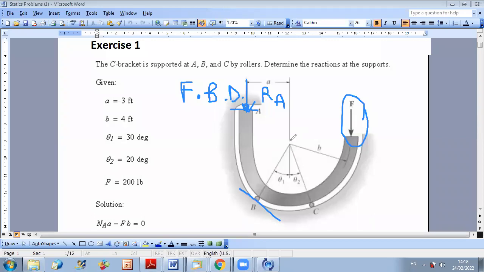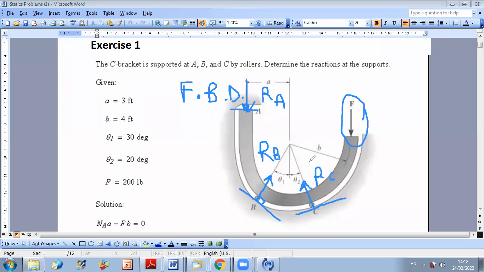So here, since they gave us the radius direction at B and at C, I can say that the reaction at B will be perpendicular to contact, so it's perpendicular to the tangent line. This is the reaction at B. Similarly, at C, I can do the same procedure. So this is the tangent line, and this is RC.